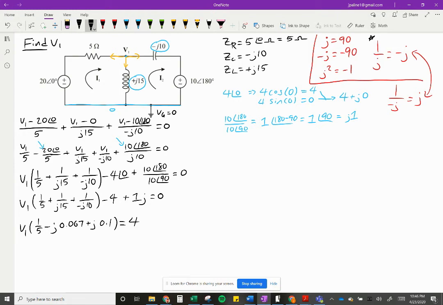And this will be 4 minus J1 on the right hand side. We just move those over.